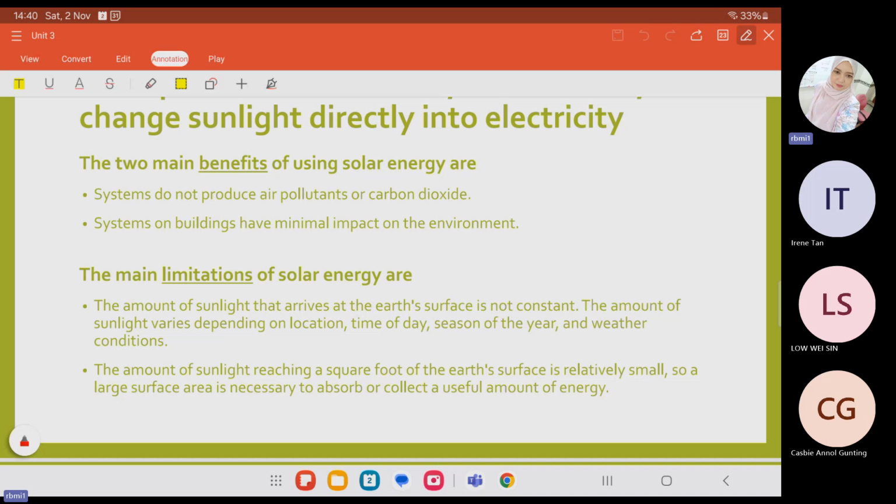It is subject to temporary weather disruptions. And the amount of sunlight reaching a square foot of the Earth's surface is relatively small. So a large surface area is necessary to collect a useful amount of energy. That is why a solar plant normally needs a lot of space or a large area.